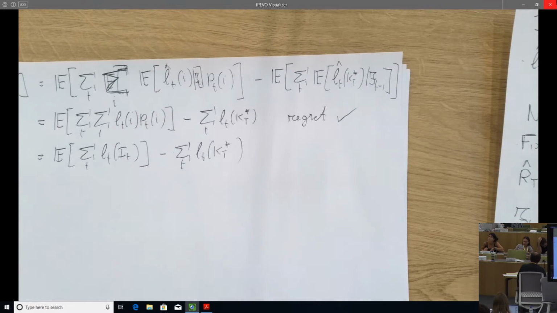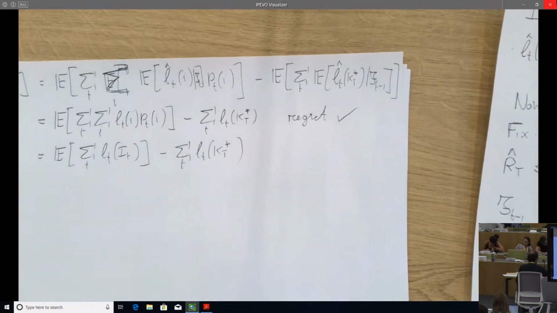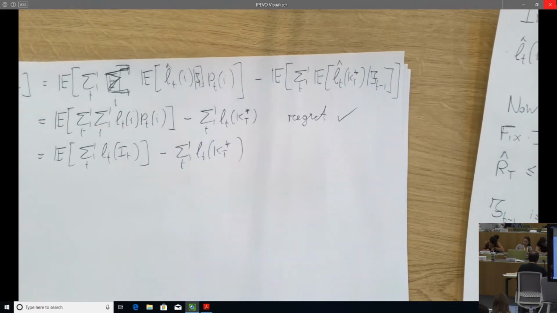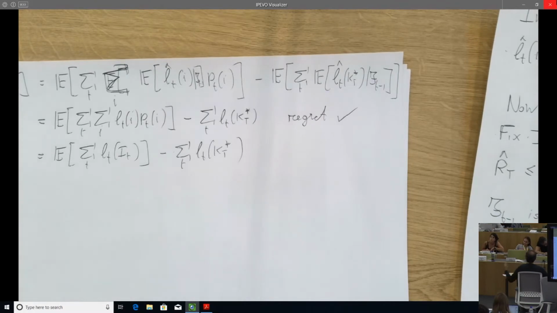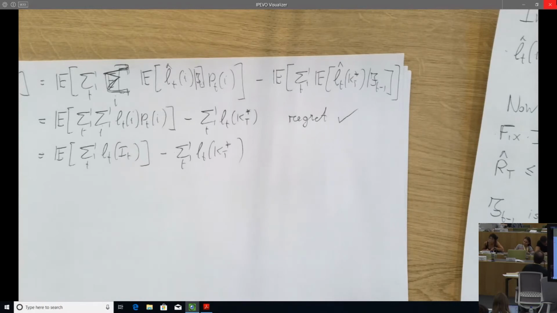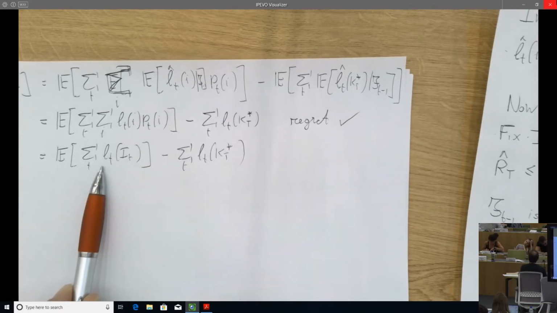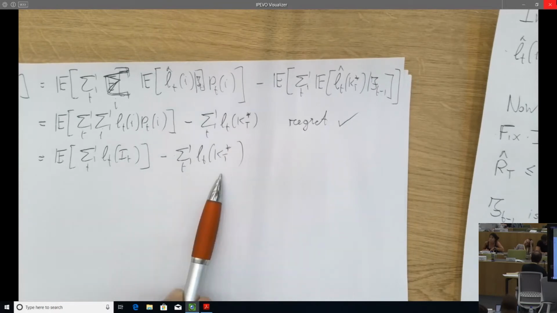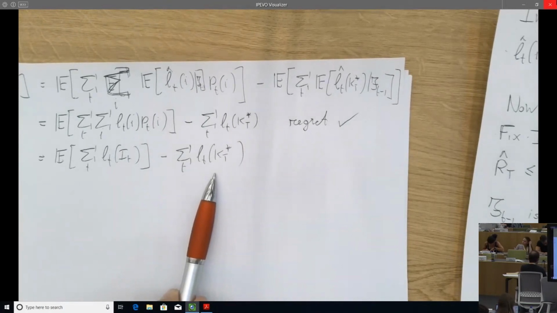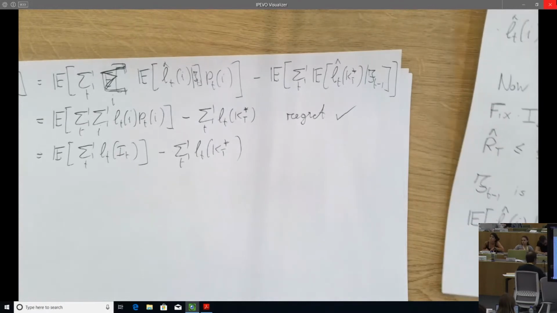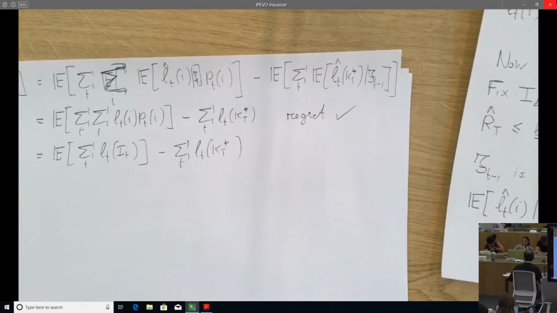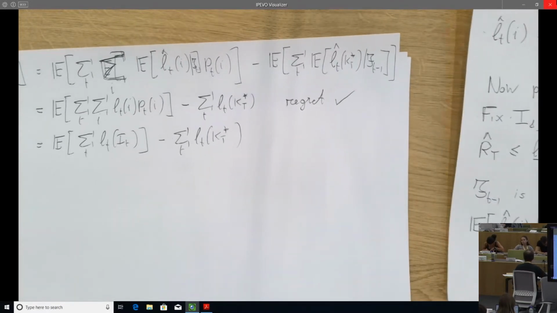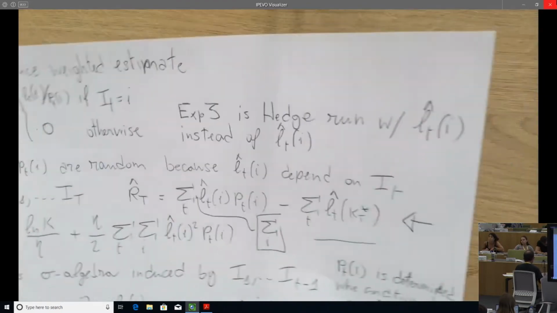Okay, so it's fine. If we take the expectation of this quantity with respect to the random actions of the algorithm, we get back the regret we are interested in: the difference between the cumulative expected performance of the algorithm and the cumulative expected performance of the best action. Very nice. So now we have to deal with the upper bound.